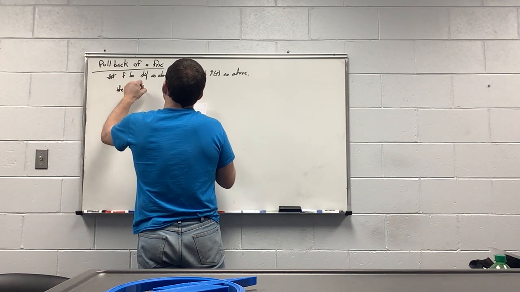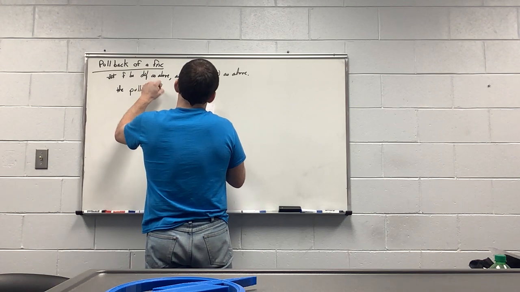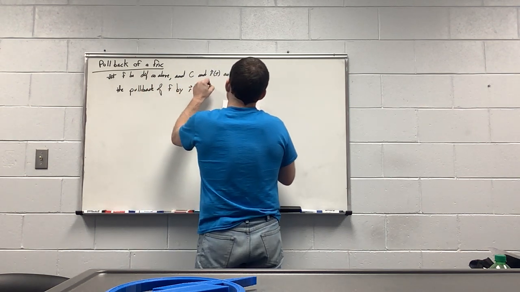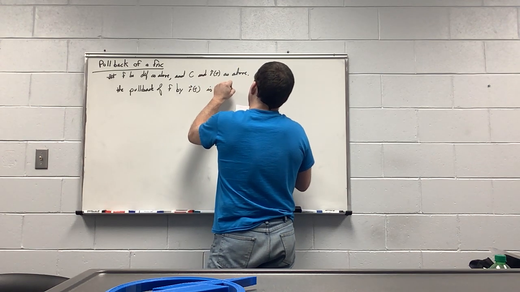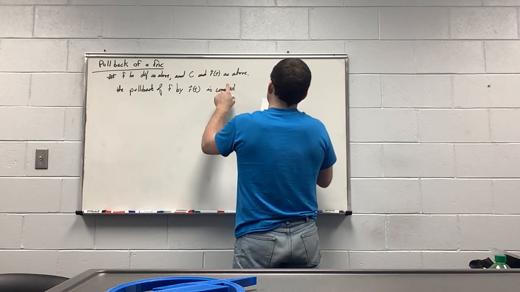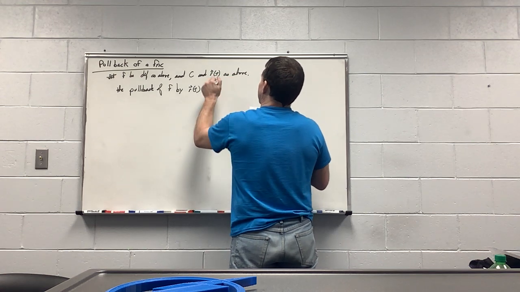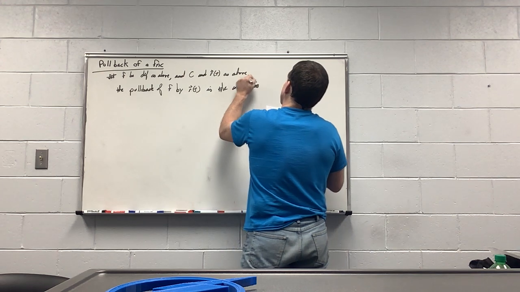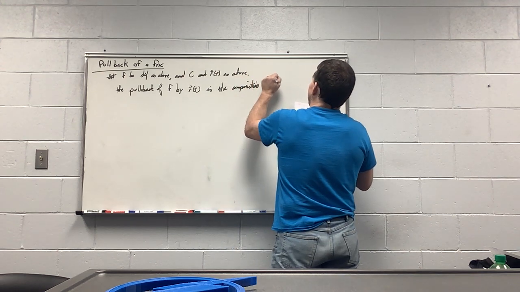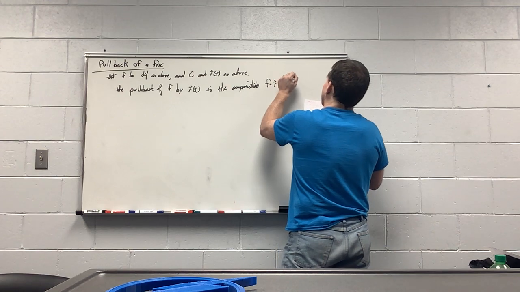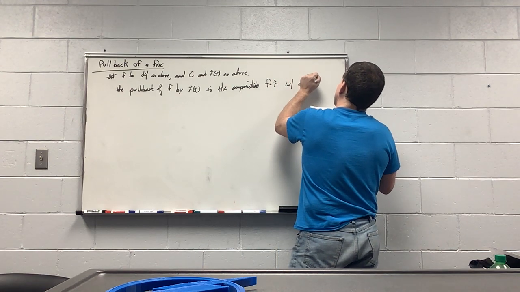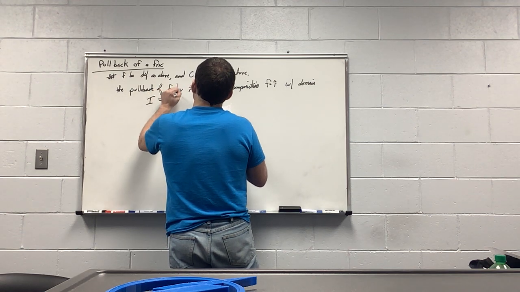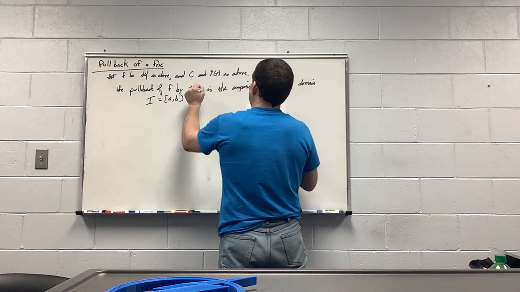Now the part we care about, the new stuff, kind of. The pullback of f by R of t is the composition f composed with R, with a domain I which is equal to the interval a to b.